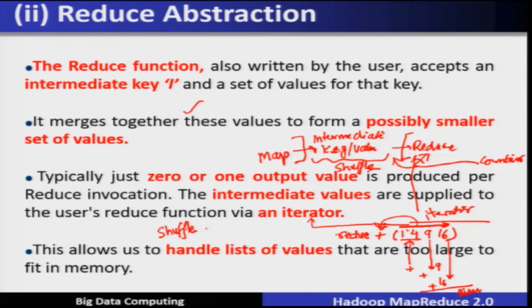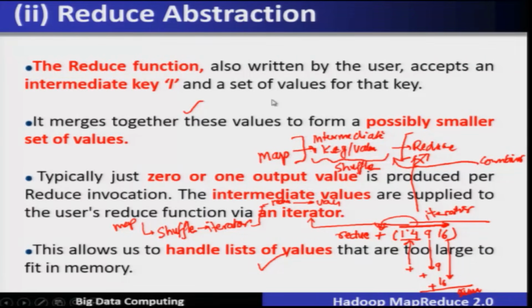And in the reduce function, it will use the iterator to scan through this particular list of elements which are already sorted and provided by the shuffle. So, after the map function, a lot of internal communication and activities go on in the form of shuffle and iterator, and only then the reduce function will be applied and give the values out.